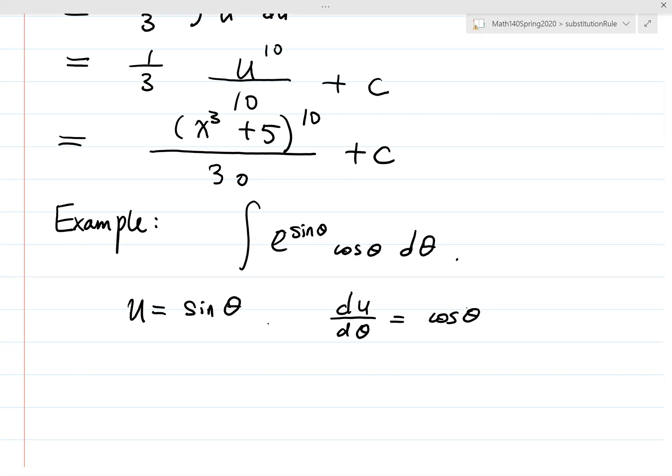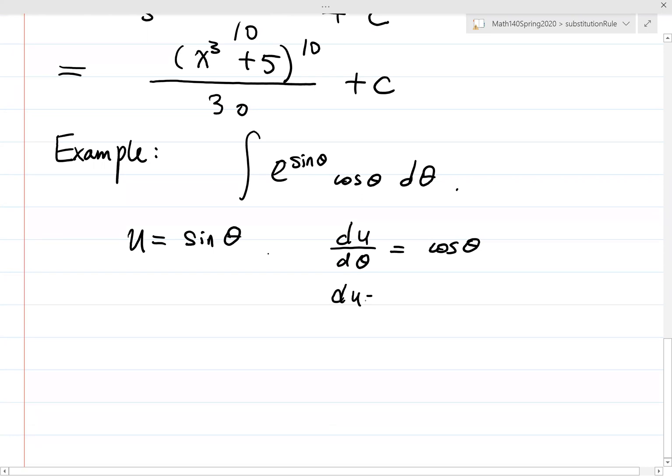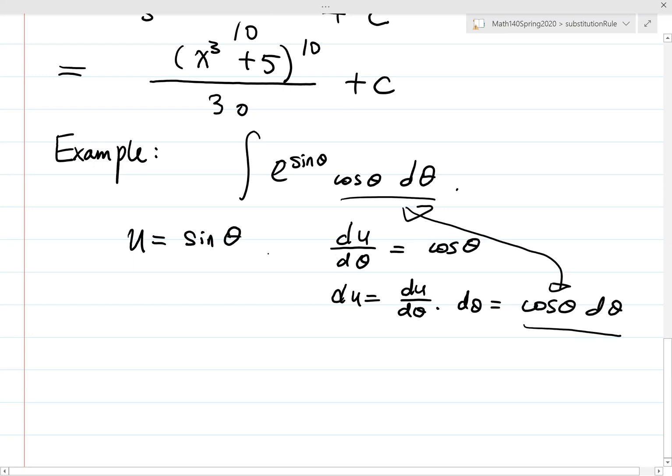If you choose cosine theta, then you have trouble because sine theta is in the exponent; it's not directly multiplying d theta. So du is du over d theta times d theta, which is cosine theta d theta. We have cosine theta d theta in both places, they are exactly identical. So this means our substitution is good.